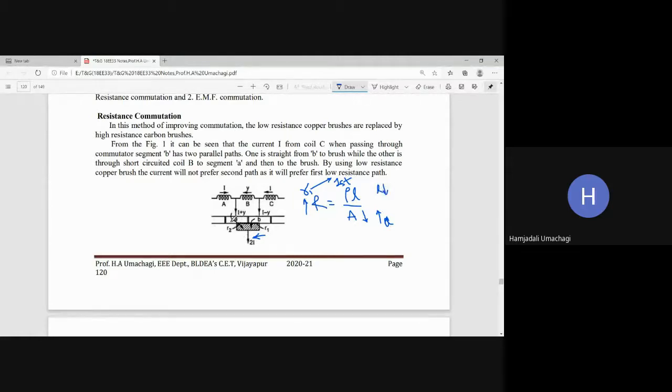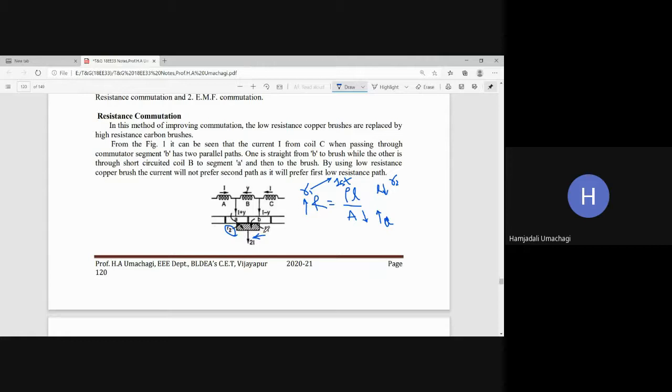So what is the type of resistance you are observing here? Here the resistance is R2. Since resistance R1 is high and resistance R2 is very low, we know very well that current always tries to choose the least resistance path, yes or no?